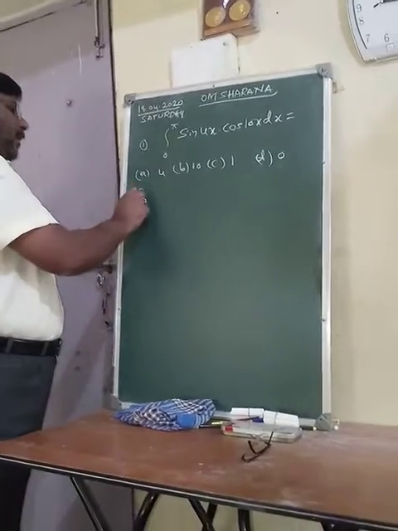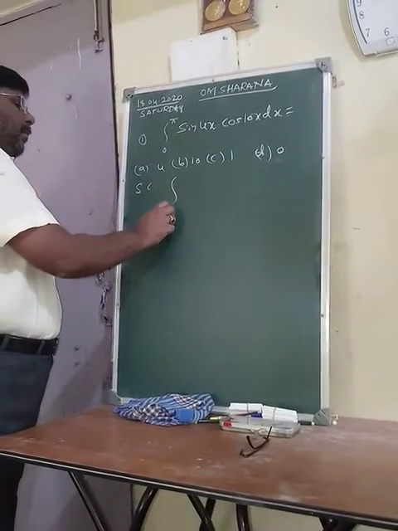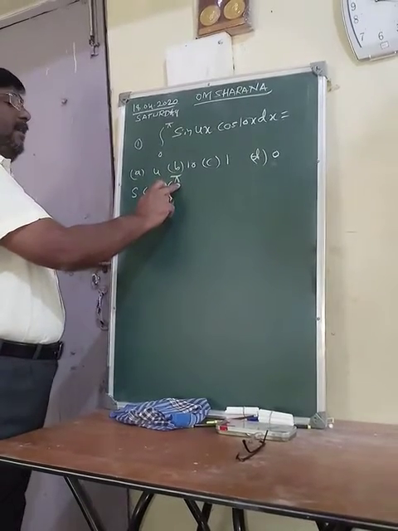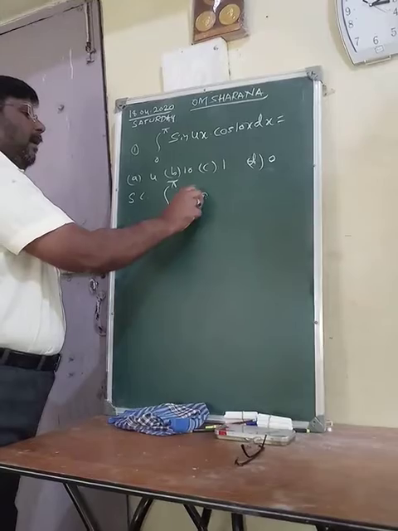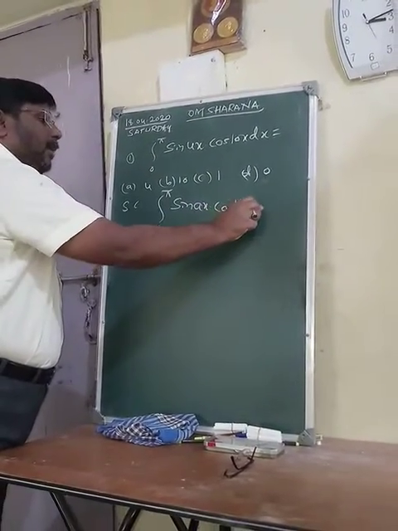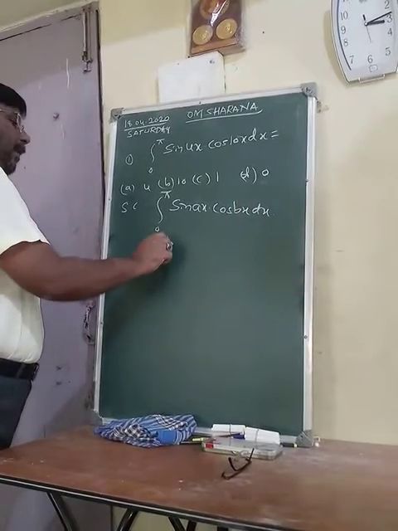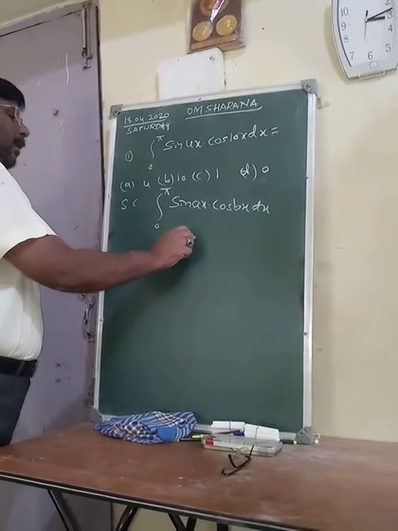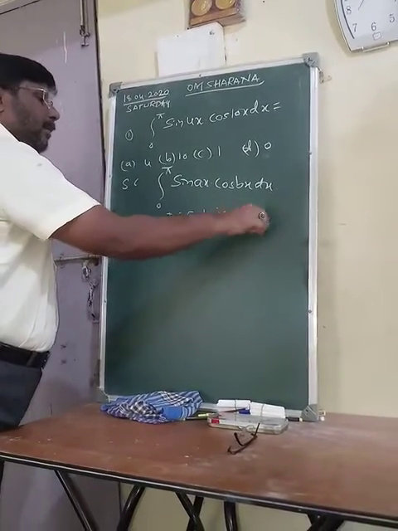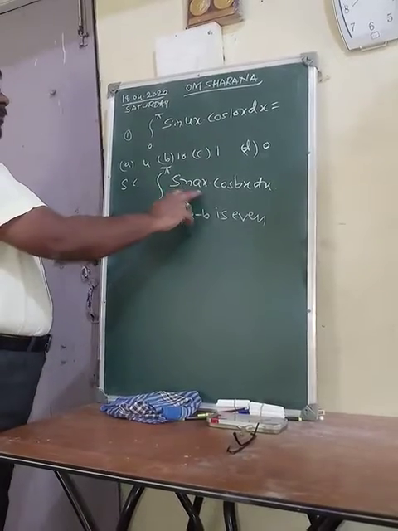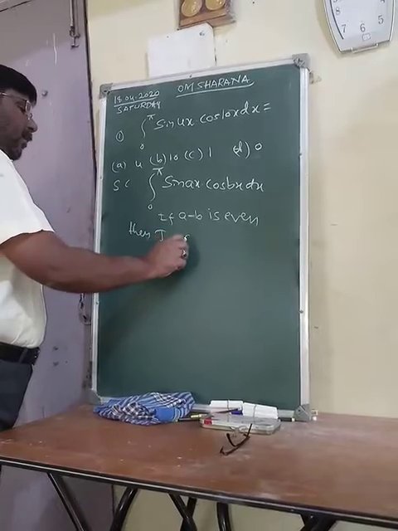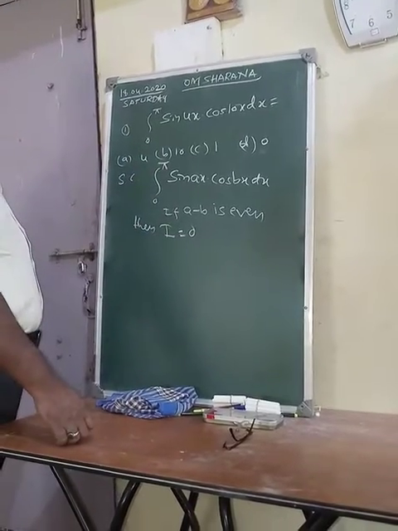For this, the shortcut is, suppose the given definite integral is of the form 0 to pi sin ax into cos bx dx. If a minus b is even, then the value of the integral is equal to 0.